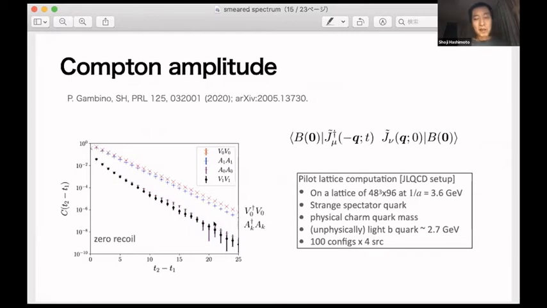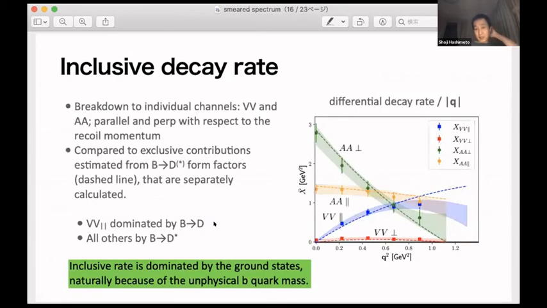And starting from here, I apply the same trick I just explained to obtain the final results, such as this one. Here, this is the differential decay rate divided by the momentum absolute value. So if you multiply the momentum and integrate over the momentum, you finally obtain the inclusive decay rate.